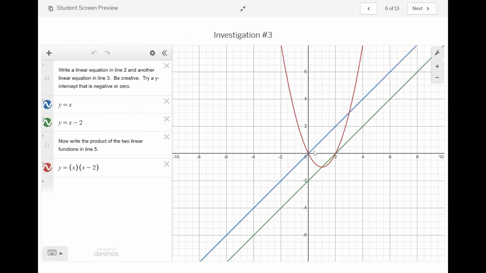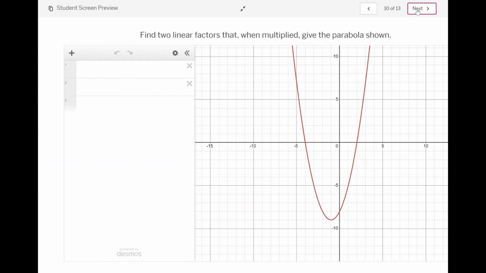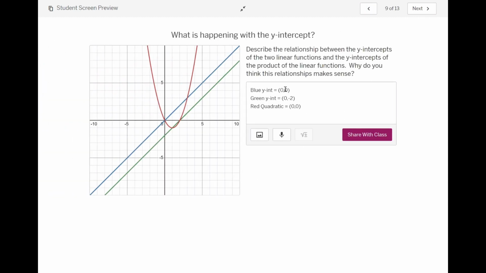And on the last one, we also had 0 on the blue, -2 on the green, and then 0 on the red. So we can hypothesize that our y-intercept for the quadratic function, perhaps it's multiplying the y-intercepts of the two linear equations, and that turns out to be true.